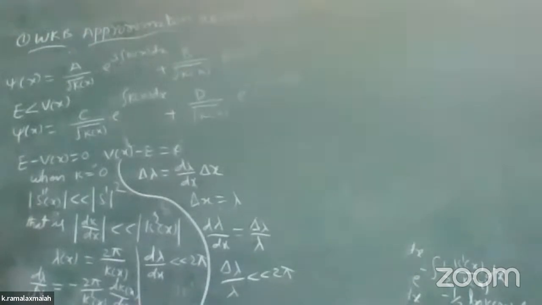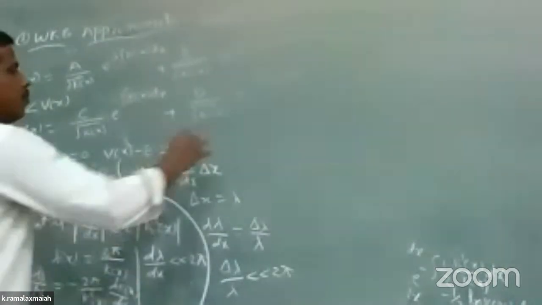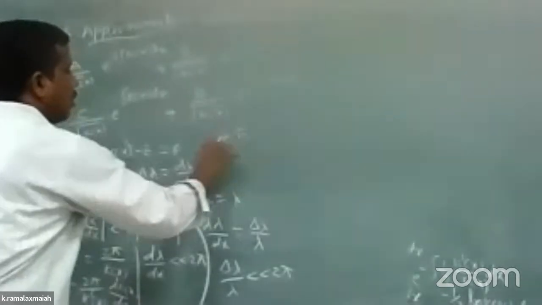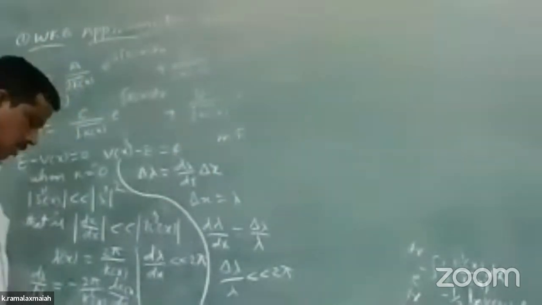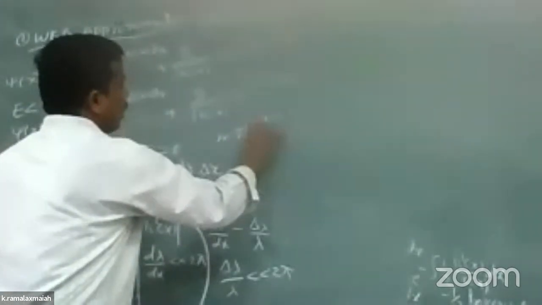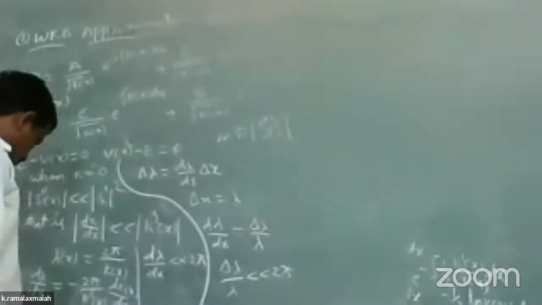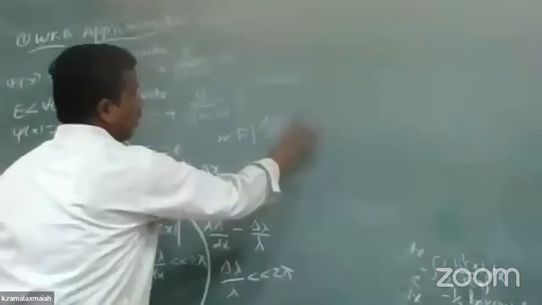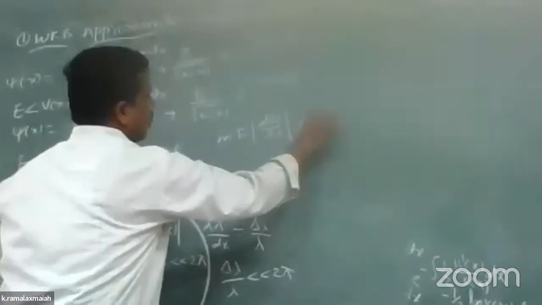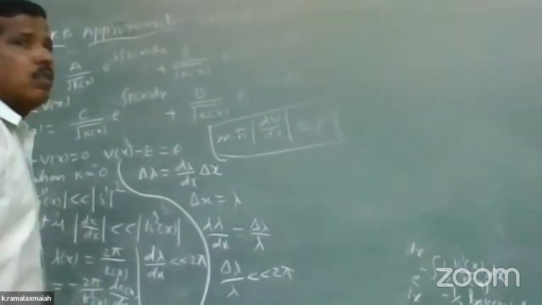The condition may be written in momentum form: m h modulus of dV by dx is less than or equal to p cubed. That is the final equation for the WKB approximation method.